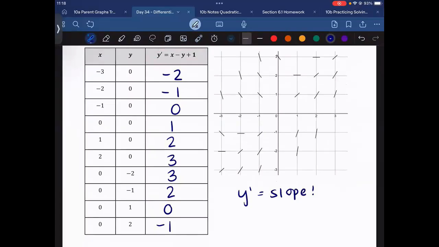And I'm going to graph them now on my graph. So -3. And we're gonna have to scale a little bit. Might be good just to put it like kind of like that. 0 slope. And then 3 is gonna be pretty steep.